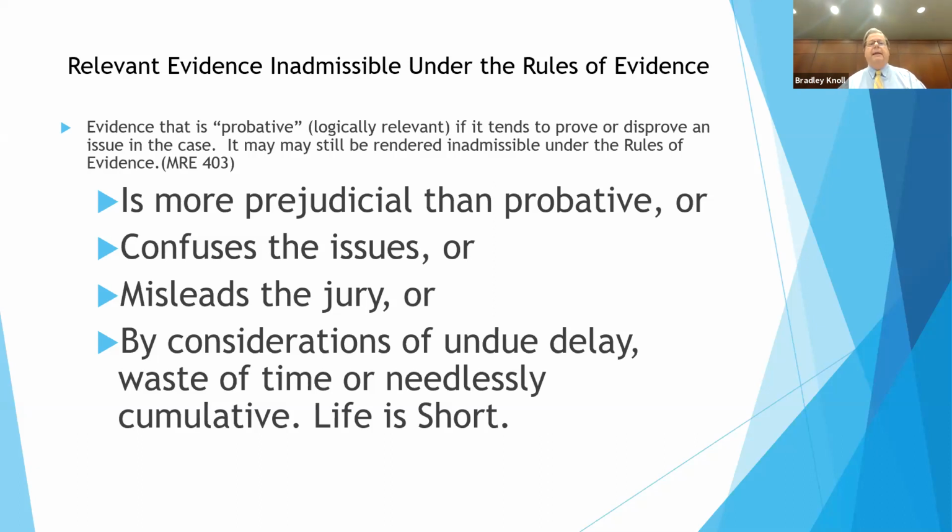So a judge may need to consider whether the evidence is more prejudicial than probative. In other words, this is going to have a negative impact on the jury's ability to decide the case because the evidence, while marginally relevant, is inflammatory or prejudicial.